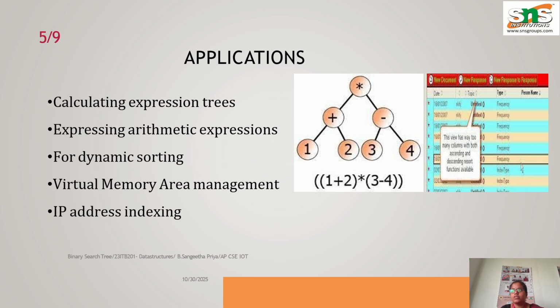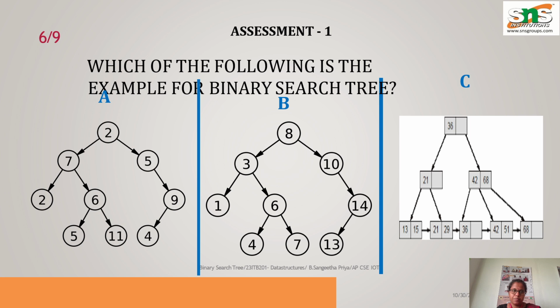The operations are considered as the root and the operands as child nodes. Next is expressing arithmetic expressions, dynamic sorting, virtual memory area management, and IP address indexing, where we can arrange the IP addresses from smaller to larger, so it is easy for us to allocate the IP to individuals or groups of persons to access easily.